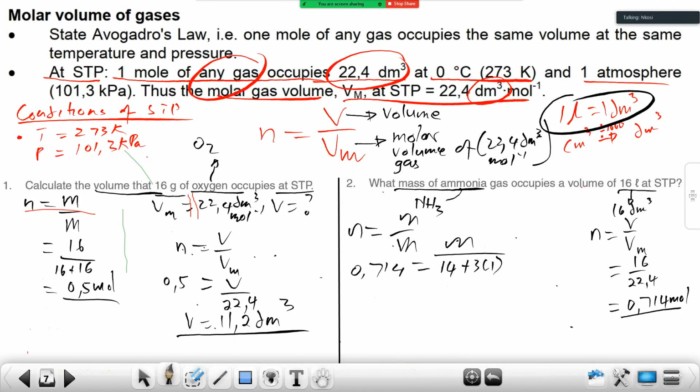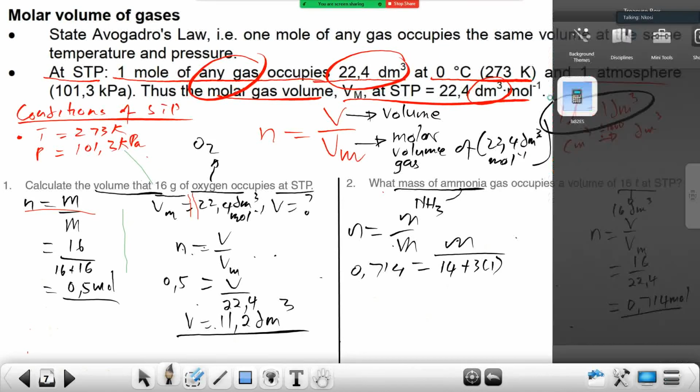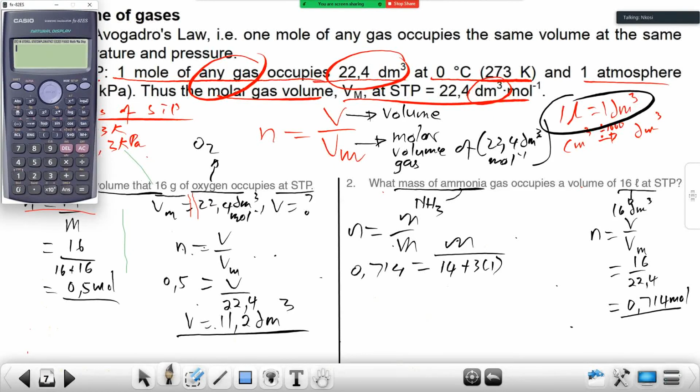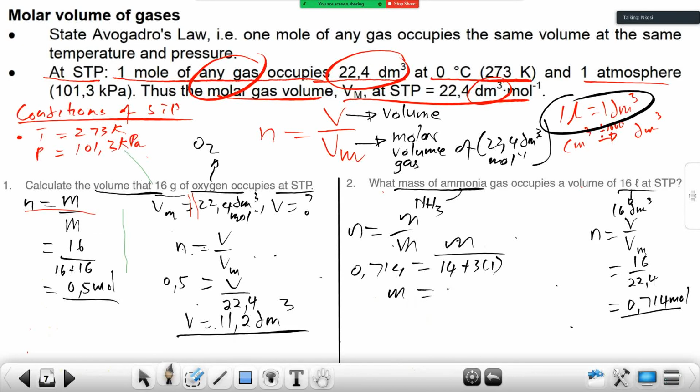So I am just going to use my calculator again. I have 0.714 multiplied by 17 is equal to 12.14. So my mass is 12.14 grams. Very easy and very happy.